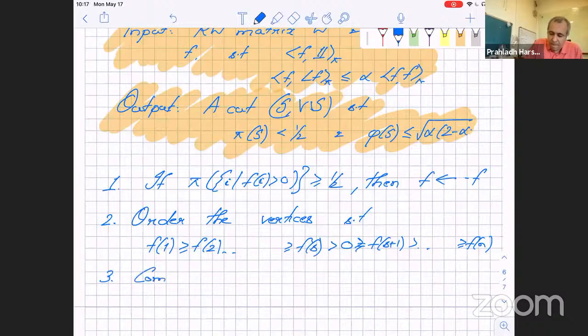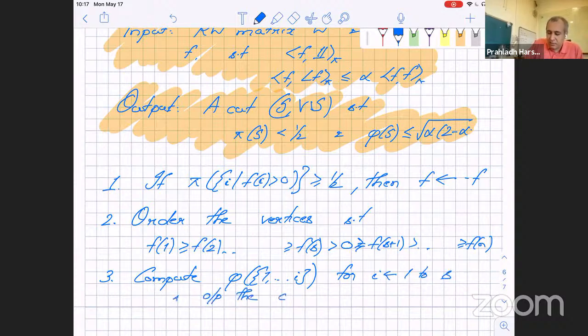And then just compute phi of 1 to i for i in 1 to s, and output the cut with the least conductance.